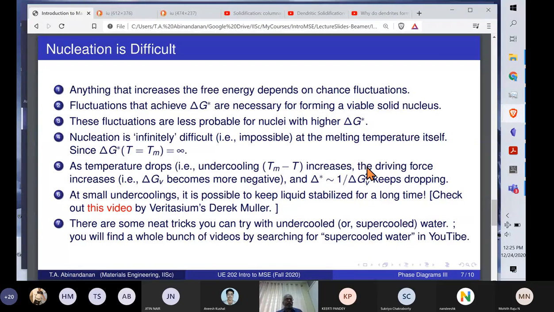So to create a viable solid nucleus, which can actually grow, once it reaches r star, from that point onwards, further growth basically decreases the free energy. Therefore, there is no problem at all. But reaching this viable status for the nucleus is difficult because you need fluctuations that achieve this value of delta G star.